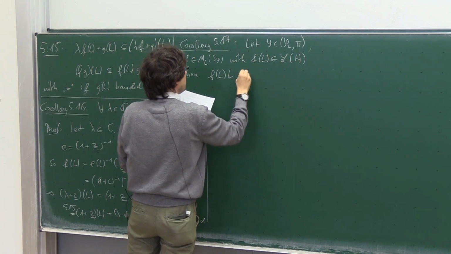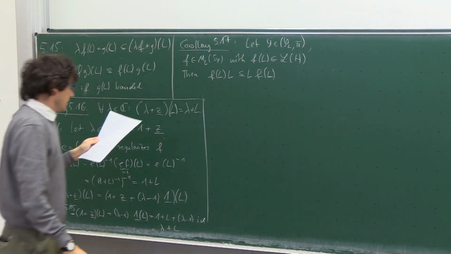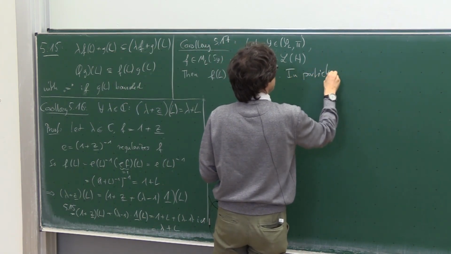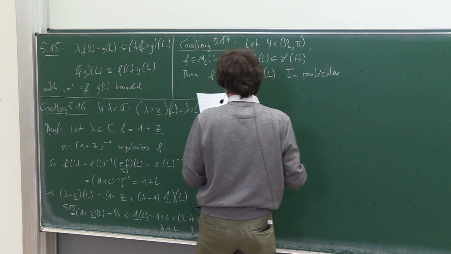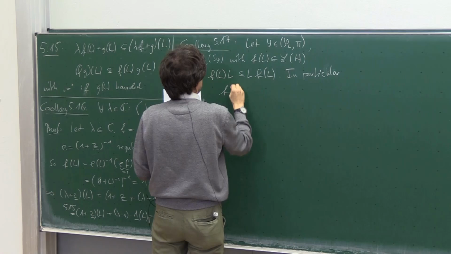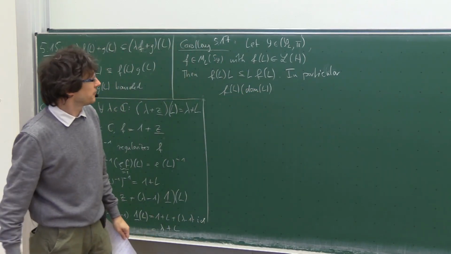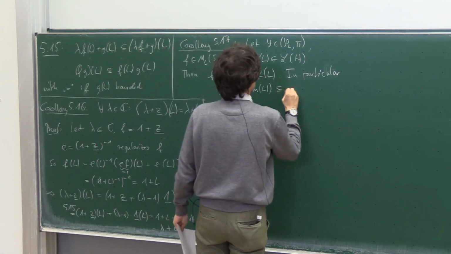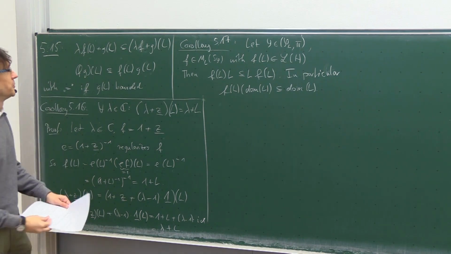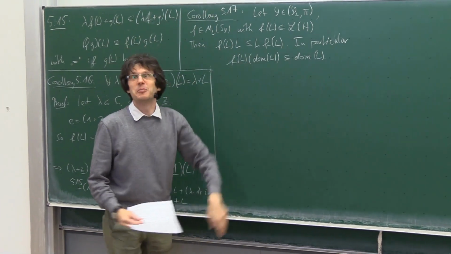So f of L, L is then contained in L f of L. And we will see that this in particular means that the domain of L is invariant under f of L. So in particular, if you plug elements of the domain of L into f of L, you will again end up in the domain of L. This will rather easily follow from this nearly commutator thing.